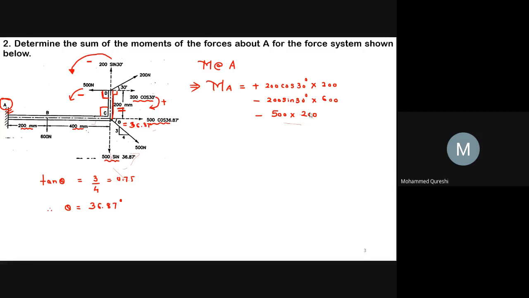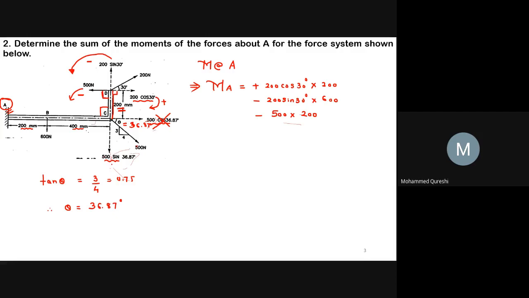Now we will go for another force, that is 500 with respect to theta, and we know that there are two components, 500 sine and 500 cos. As we know, this 500 cos 36.87 degree will not be considered, as this force is on the same line of action about point A. Hence we should omit this force. Now we will go for 500 sine 36.87 degree.